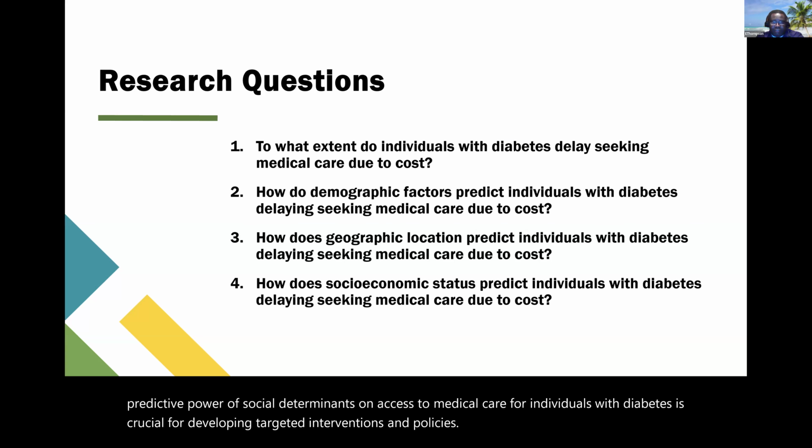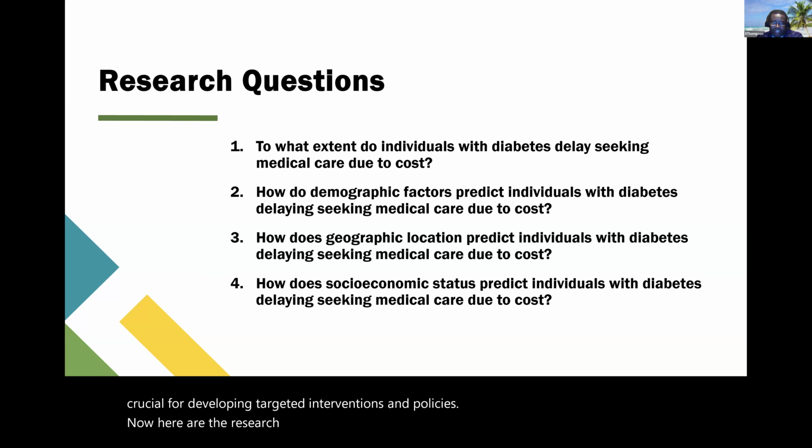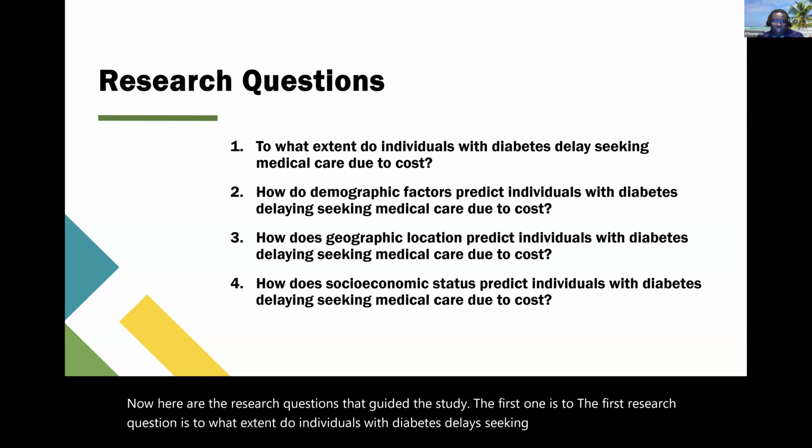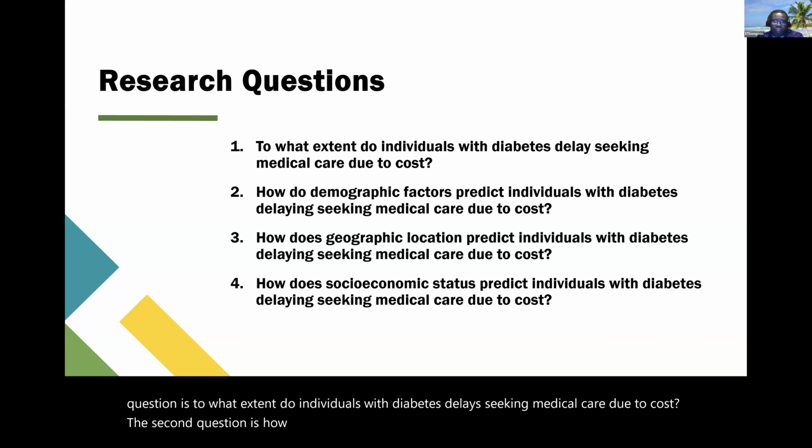Now, here are the research questions that guided the study. The first research question is, to what extent do individuals with diabetes delay seeking medical care due to cost? The second question is, how do demographic factors predict individuals with diabetes delaying seeking medical care due to cost?